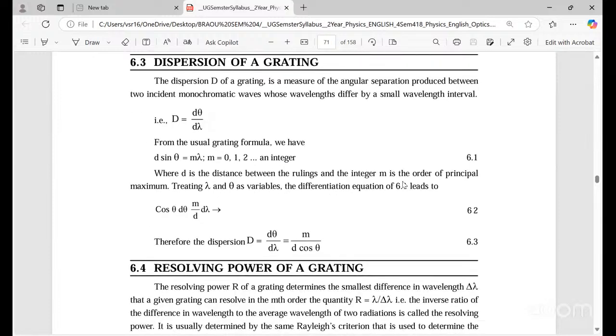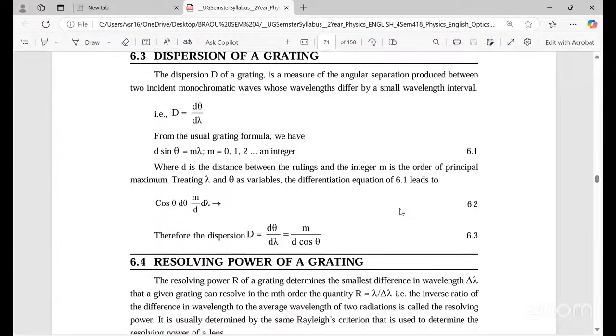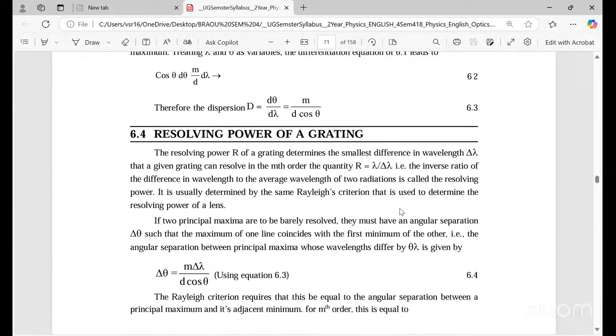And d sin theta equals m lambda according to the diffraction. By substituting there, you can get it.